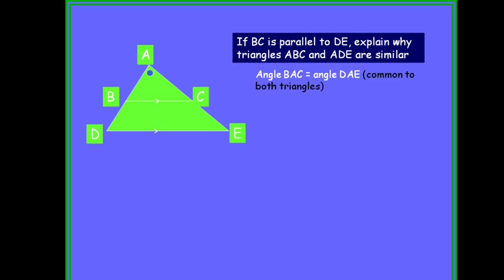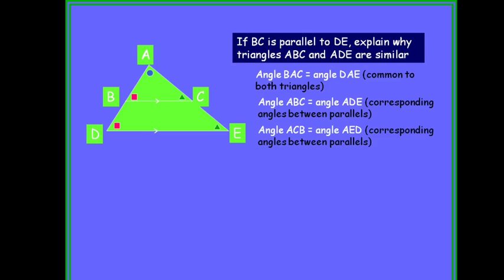Second important component is angle ABC, which is equal to angle ADE. Both the angles are marked in our figure with red squares. They are equal because they are corresponding angles made by two parallel lines with one transversal AD.